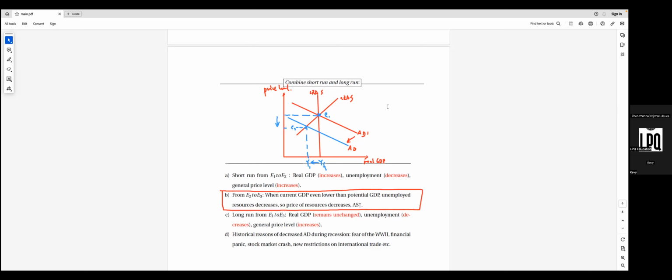So let me show you how I can use full sentences to organize these keywords a little bit, to explain why this short-term GDP can go back to the long-term GDP.